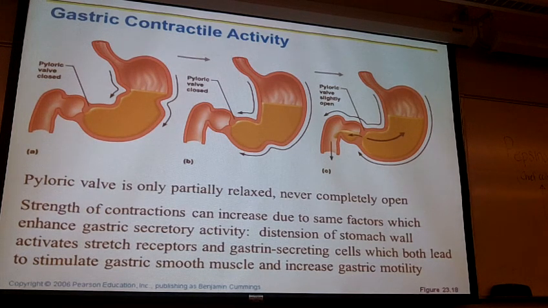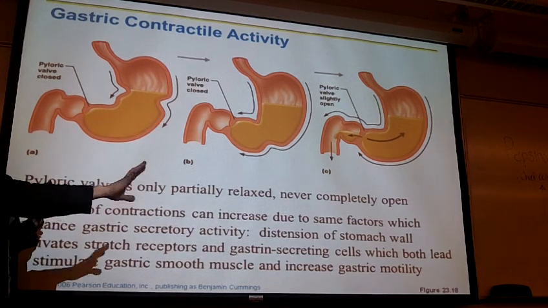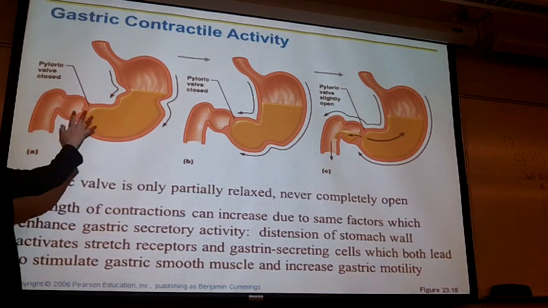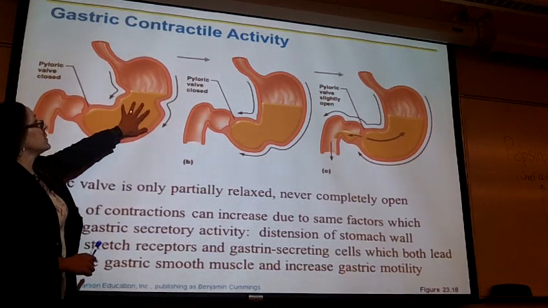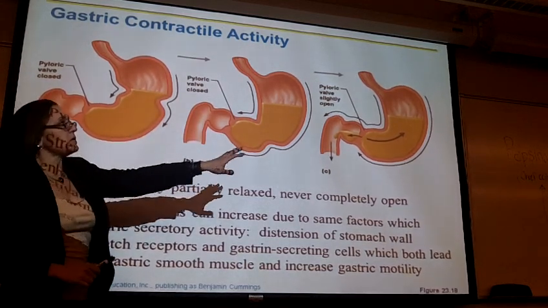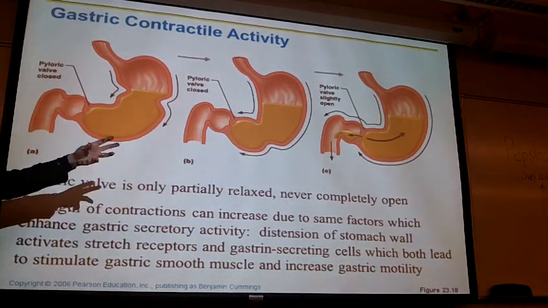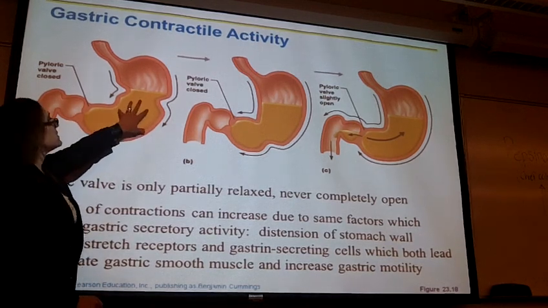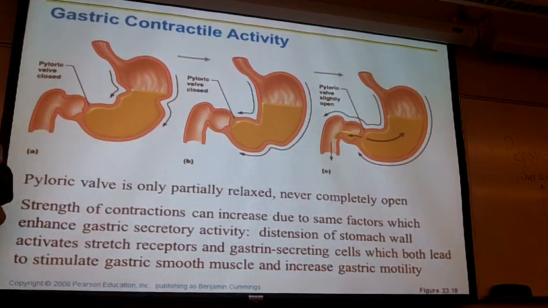But if your previous meals have not gone from the small intestine to the large, and from the large intestine to the anus and out of the body, so a couple previous meals haven't moved forward, that food's going to sit in the stomach, and as long as there's food in the stomach, you're going to have pepsinogen and HCl being released, pepsin being produced, this positive feedback loop being set up, and it's going to cause the stomach, these gastric juices, to become really acidic, too acidic.